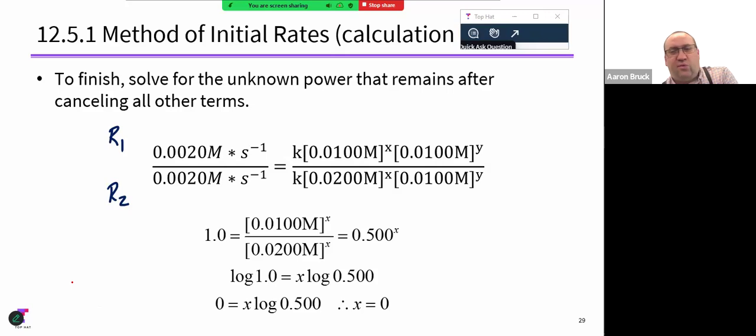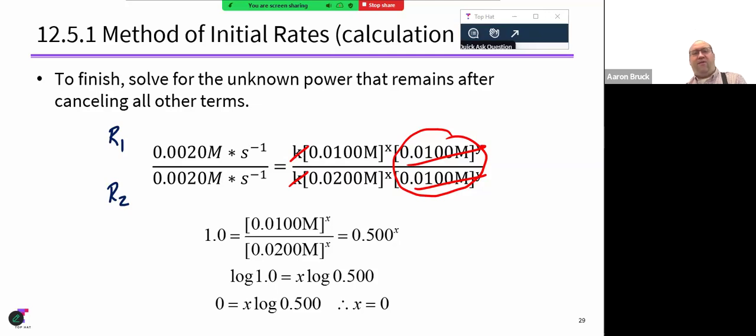Since we've picked reaction runs where things are being held constant, this 0.1 to the y term is in the numerator and the denominator, so it cancels. K, if we're not changing temperature, K is going to be the same as well. So they cancel.